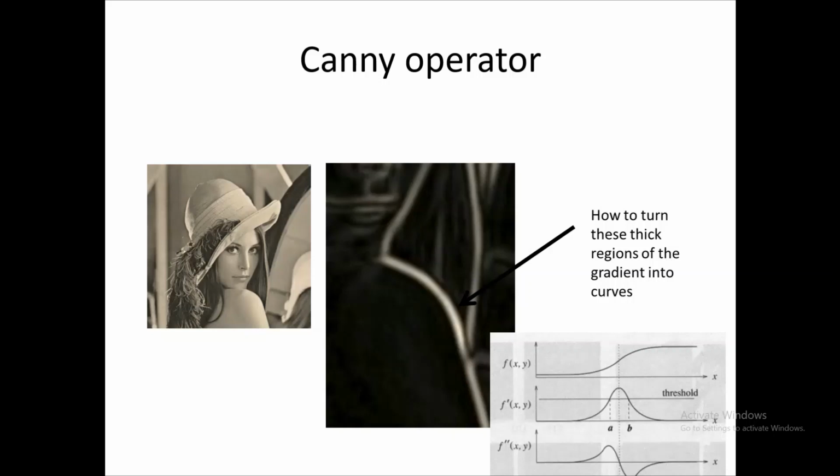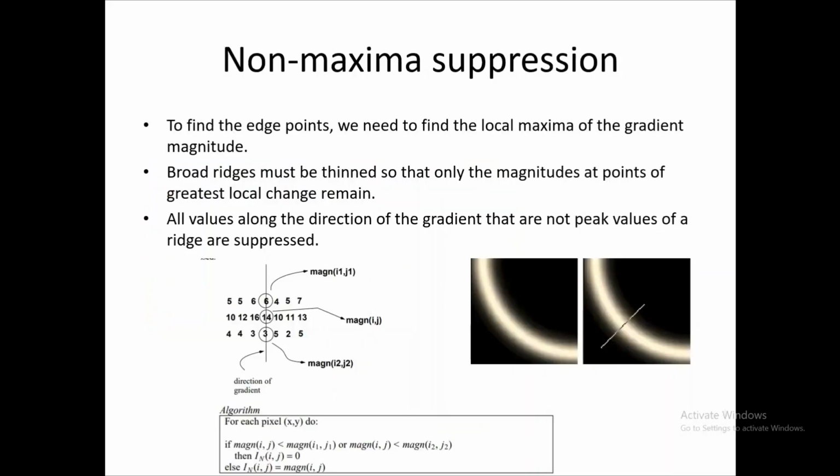So the way non-maximal suppression, the thinning, is done in the Canny operator is like this. In non-maximal suppression, to find the edge points, we need to find the local maxima of the gradient magnitude, and broad ridges must be thinned so that only magnitudes at the point of greatest local change remain, and all the values along the direction of the gradient that are not peak values of the ridge are suppressed.